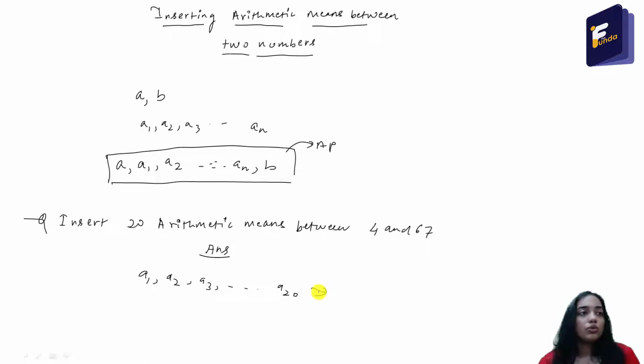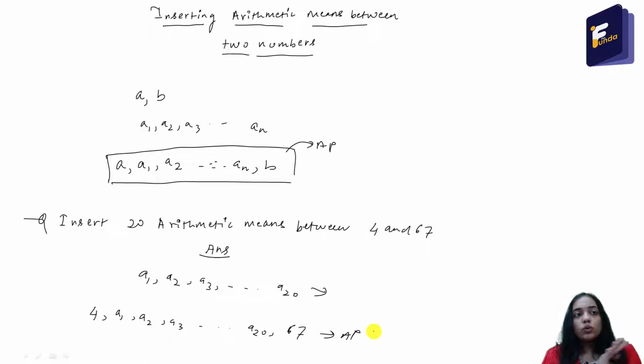So if A1, A2 up to A20 are arithmetic means between 4 and 67, then 4, A1, A2, A3 up to A20 and 67, this whole series is an AP. This we got from the definition, what we discussed last.